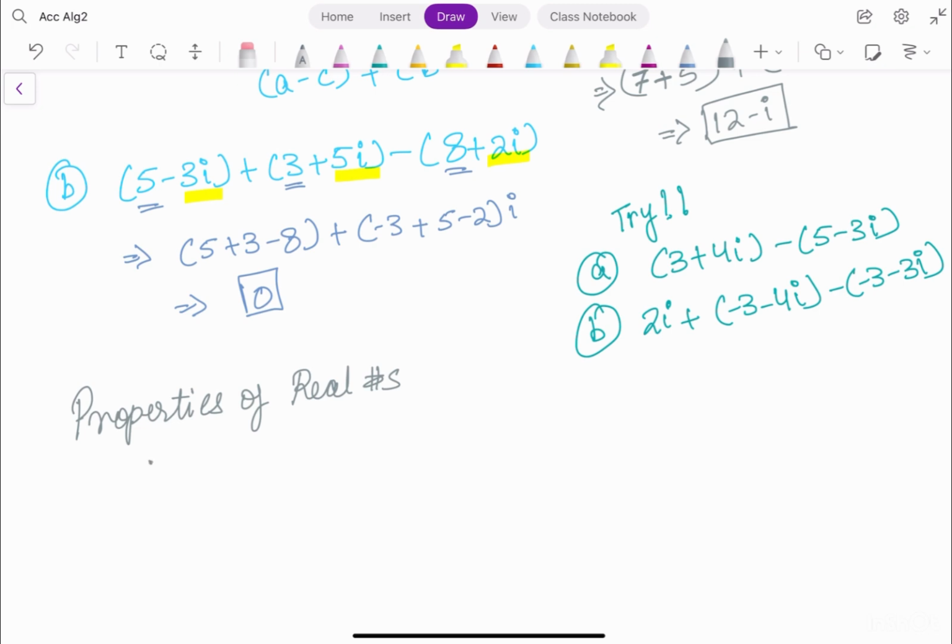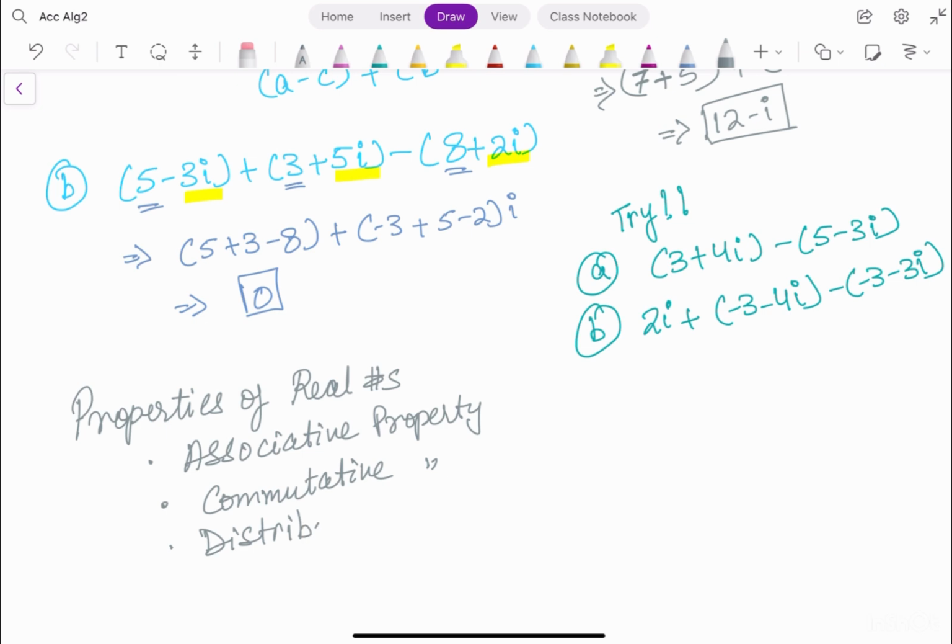When we are talking about the properties of real numbers, we are talking with respect to what we have done with the real numbers, just like the associative property of addition and multiplication, or the commutative property of addition and multiplication, or the distributive property. So all the properties of the real numbers are valid for complex numbers as well. So nothing changes.